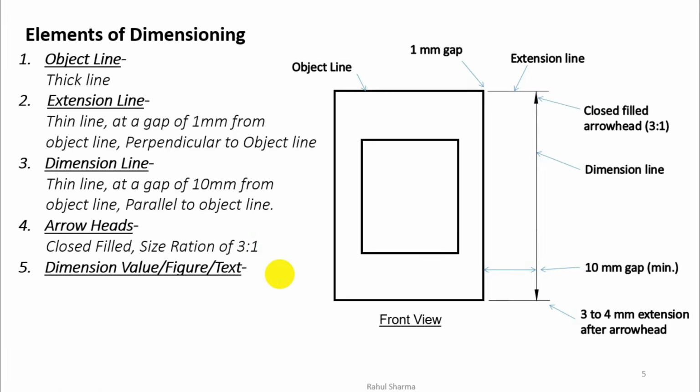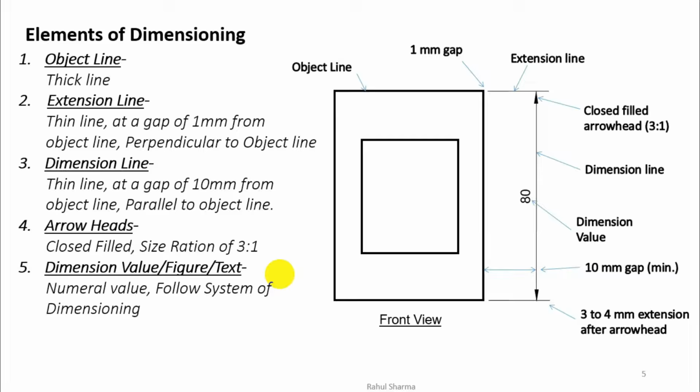Now the next element is dimension value, dimension figure, or in few softwares we represent as dimension text. The numeral value which we write as the value of dimension is known as dimension value, figure or text. We have to write these values following a system, either aligned or unidirectional. I'll discuss that in the coming slide.